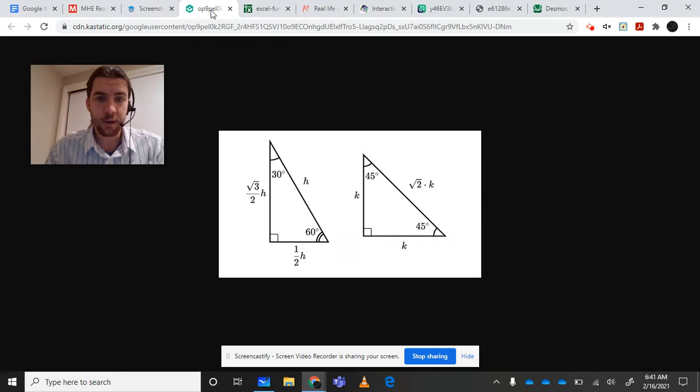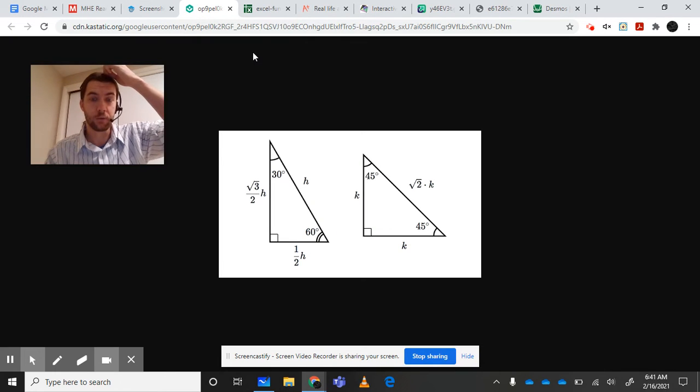Let's take a look at some of those special right triangles that we've seen before. For example, a 30-degree angle. If that was a 30-degree angle in the last picture, it would be a 1 to 2 ratio. They're giving this as a variable, but let's imagine this variable is 1 right now. So this side is 1, this side is 1/2, and this side is square root of 3 over 2.